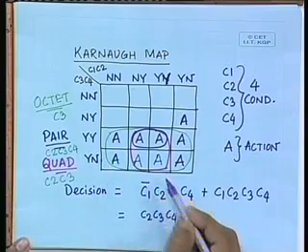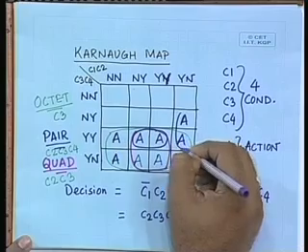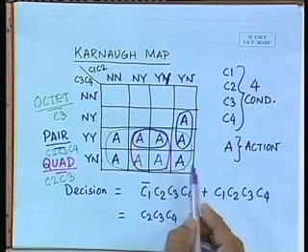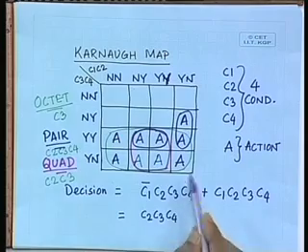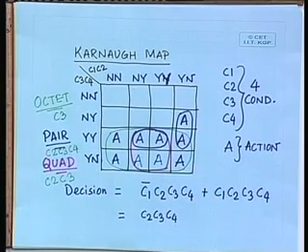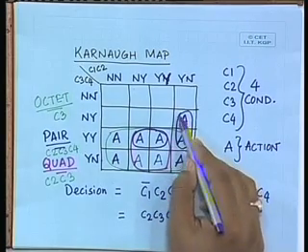Yes, actually what we can do is make use of overlapping. In this case we have got an octet and we also have a pair. So, we can have an octet as well as a pair. In this particular case, can you tell me what is the value? First you tell me the value of the pair.